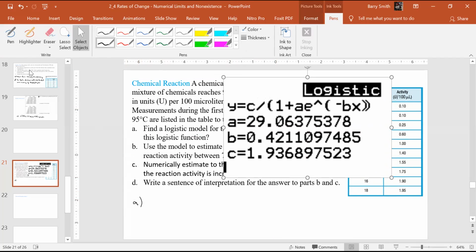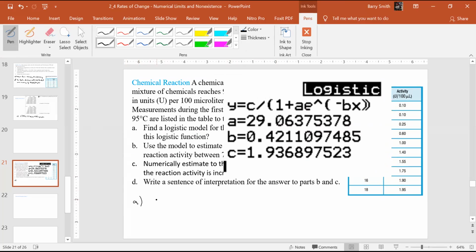So our model is going to be, now this is activity based on time, is equal to 1.9368975 23 all over our 1 plus 29.06375338.